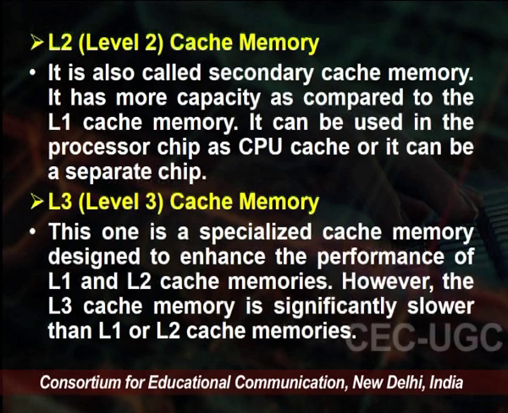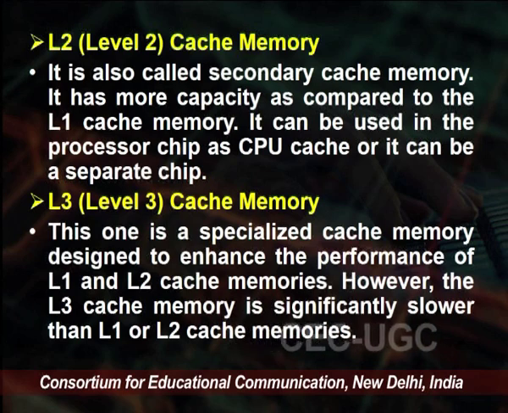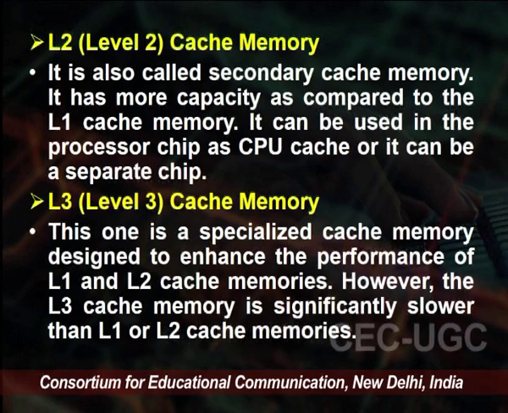This one is a specialized cache memory designed to enhance the performance of the L1 and L2 types of cache memory. The L3 cache memory is significantly slower than the L1 and L2 cache memory, but the overall performance of this memory is good.